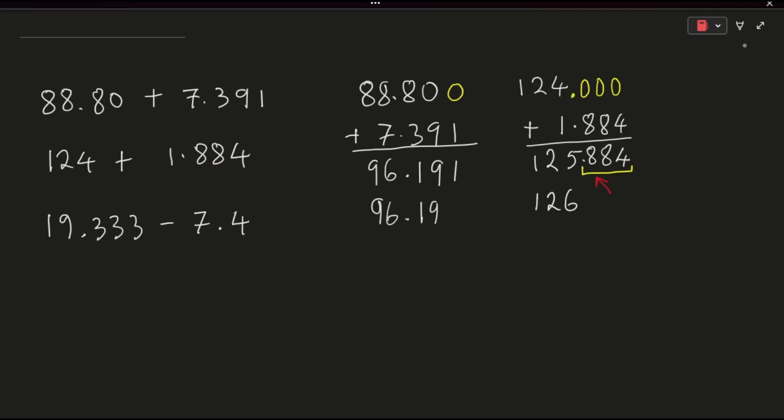Now, with the last one, let's align the decimal points. Now, this one has 3 digits after the decimal point. 7.4 has 1 digit after the decimal point. So we're going to make sure that we leave our final answer at 1 digit after the decimal point.